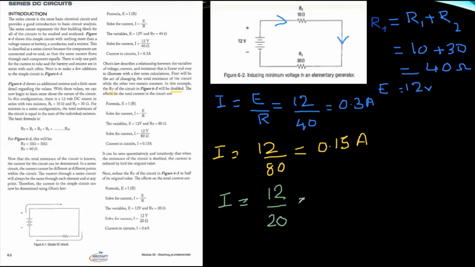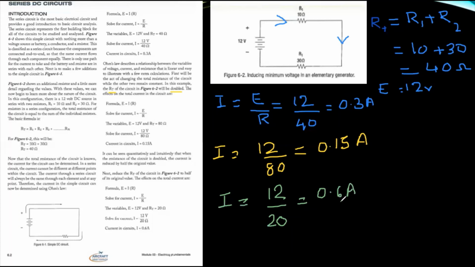The voltage is remaining the same, 12, divided by 20 ohms. We are just comparing how the current changes when the resistance value changes, in the same circuit, when the voltage remains the same. When we divide this, the final answer is 0.6.